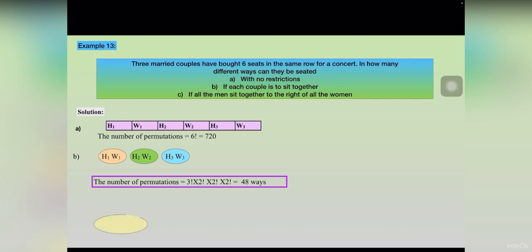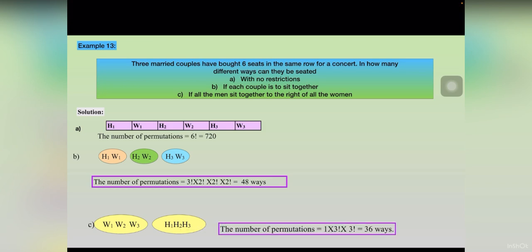C, if all the men sit together to the right of all the women. So here all the men are to the right of the women: H1, H2, H3. This position is fixed because the men sit together to the right of the women. So the number of ways is 1 because this position cannot be interchanged.